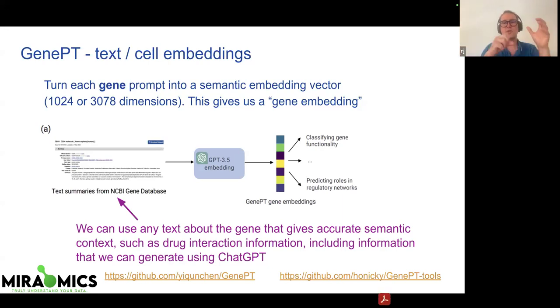Then you pump that into the OpenAI embeddings, like GPT, and you get out an embedding. That's a vector between 1024 and 3078 dimensions. These are, by the way, Matryoshka embeddings, so you can chop off the higher dimensions and they still work well.